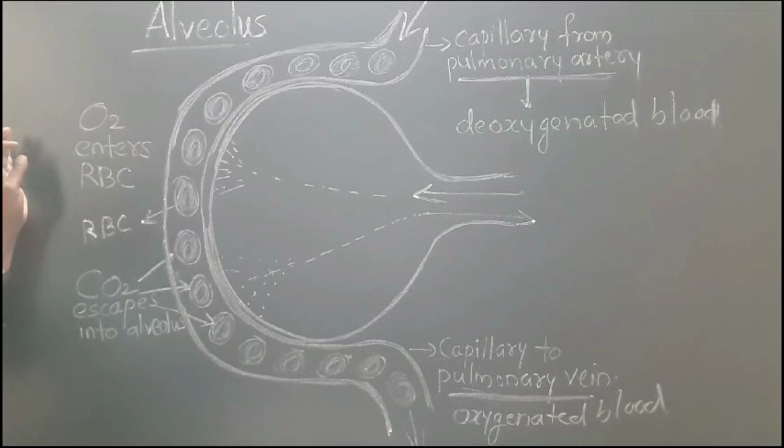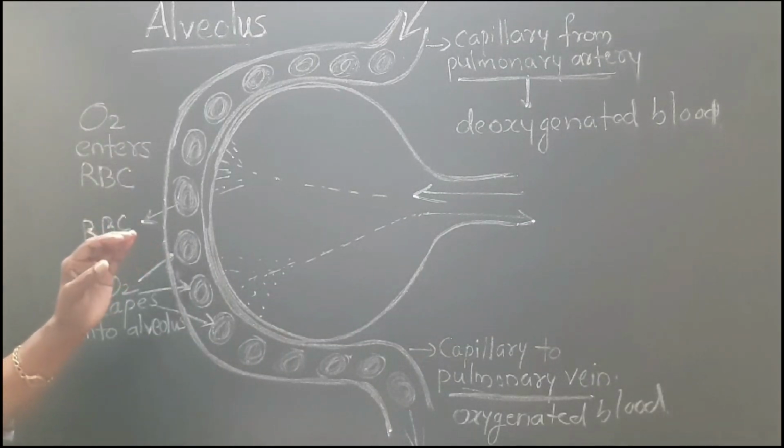Now we need to recollect a little bit from the lessons on the cell and the digestive system. We have to remember those things, and then only we understand this gas exchange. Our body is made up of cells. These cells need to survive.